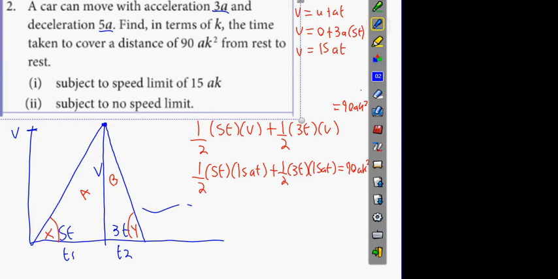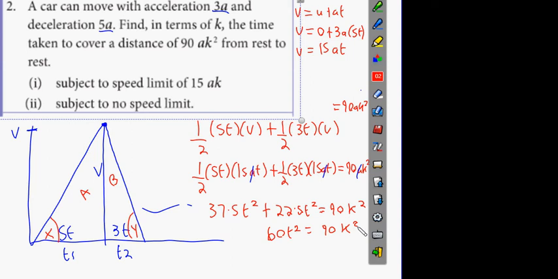Now, first thing I'm going to do is get rid of those a's. Everything's been multiplied by a, so they can disappear. Next, 5 times 15 is 75. 75 divided by 2 is 37.5 t squared plus 22.5 t squared equals 90k squared. 60t squared equals 90k squared.